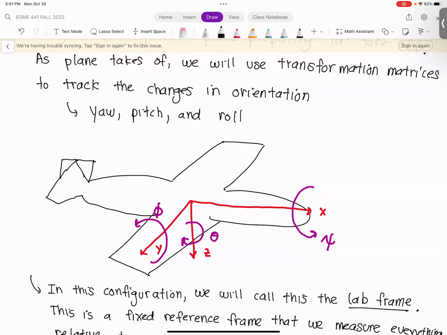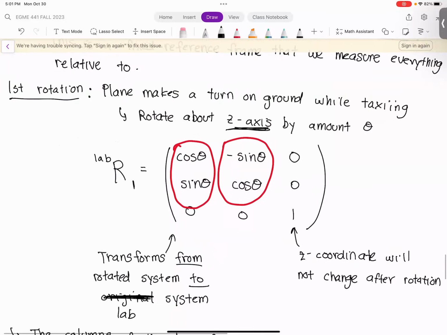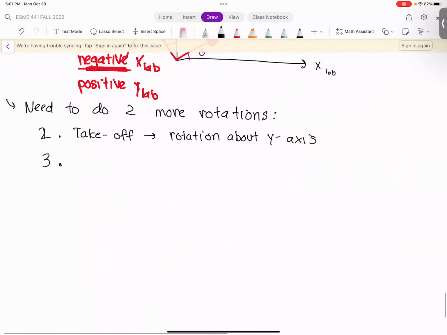What you'll notice is that relative to this system here, we're rotating in the phi direction.